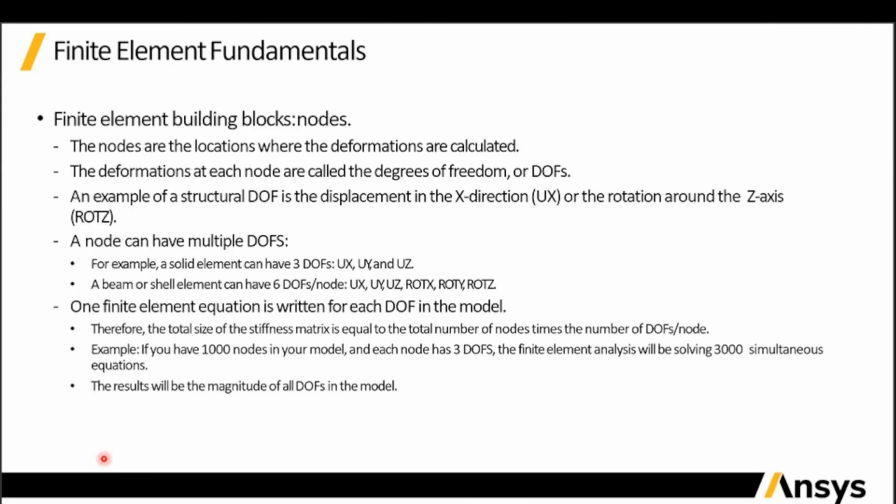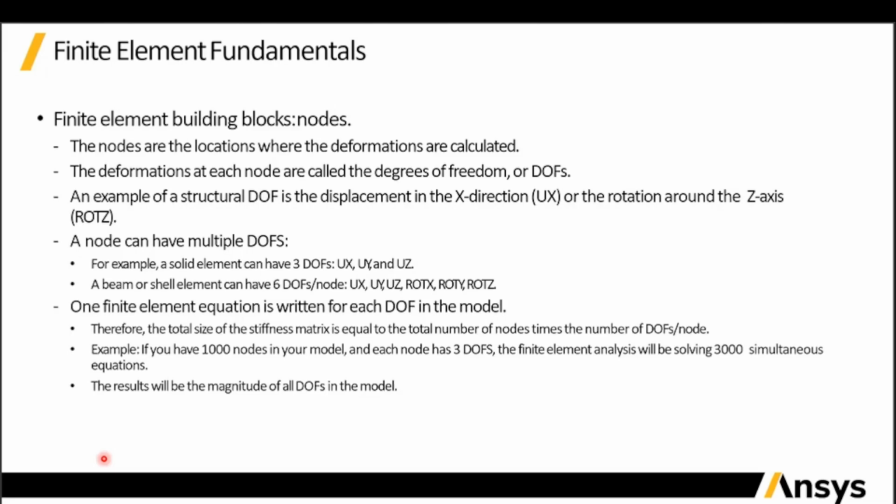One finite element equation is written for each degree of freedom in the model. Therefore, the total size of the stiffness matrix is equal to the total number of nodes times the number of degrees of freedom per node.